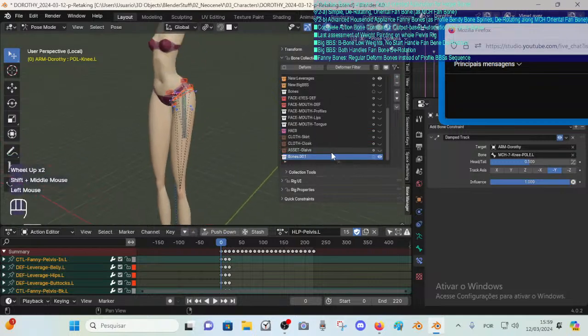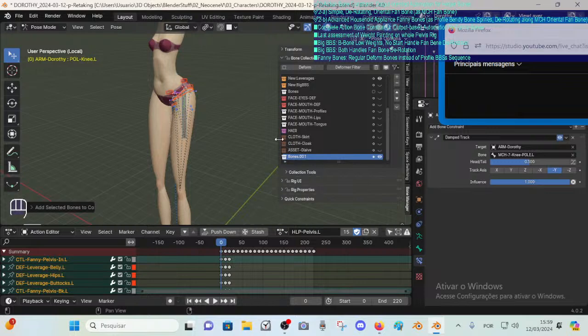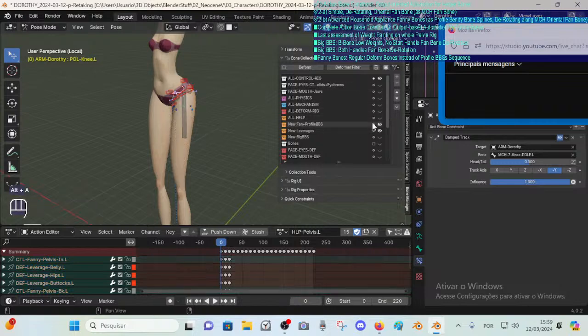Let's create something here, and now I will use Shift M in pose mode to add. Apparently something went wrong, and now it's correct.